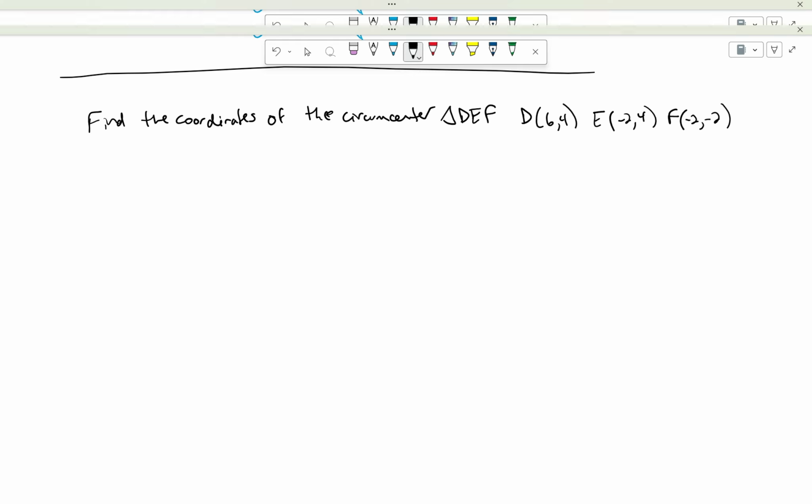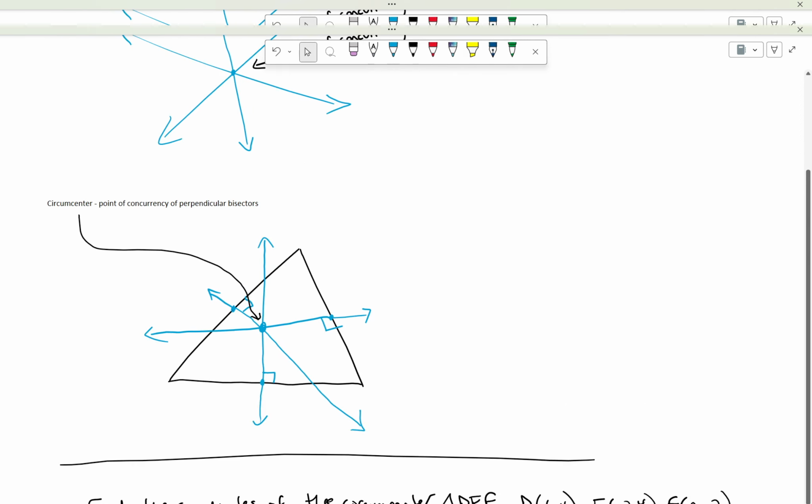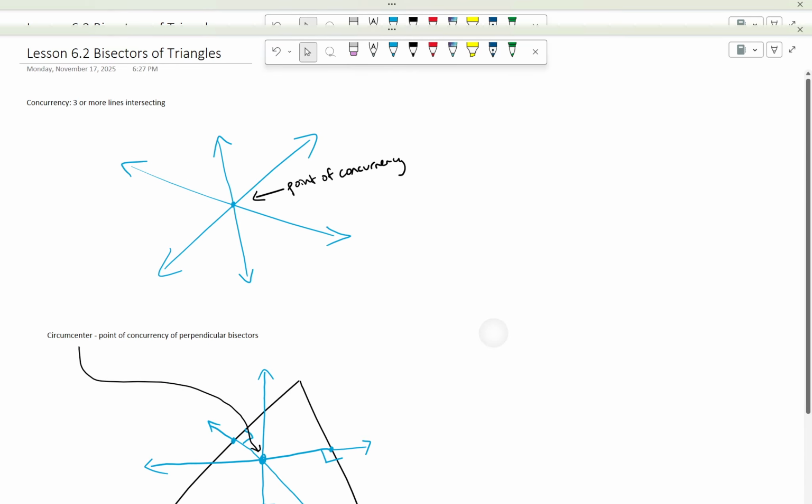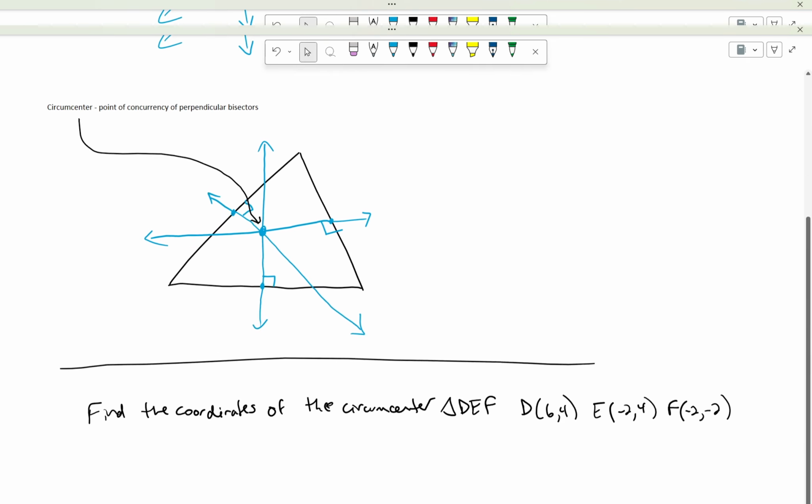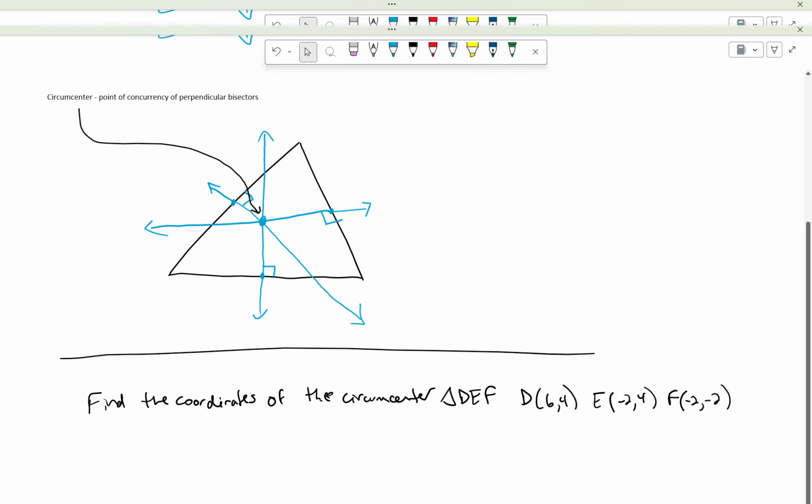Now this is going to be pretty much right off of what we did in class. Logically speaking, if I have these points of concurrency, I have three lines intersecting at the same point. Now, if the circumcenter is a point of concurrency, it means that if two of the lines intersect, then the third one has to anyway.